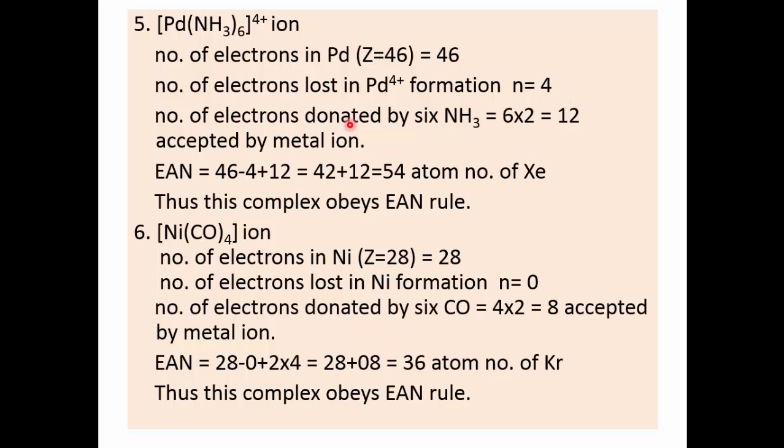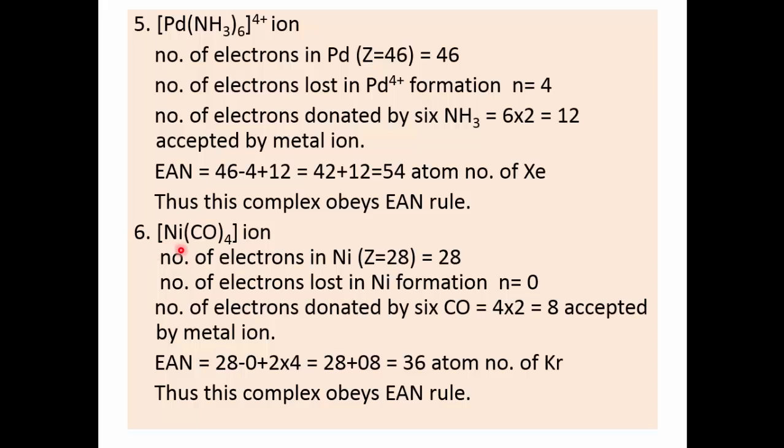There are 6 ammonia molecules, so 6 ammonia molecules donate 6 into 2, 12 electrons, which are accepted by palladium. Substitute these values in this formula. EAN is equal to 46 minus 4 plus 12, it becomes 42 plus 12, it becomes 54, which is the atomic number of xenon. Hence we say that this complex obeys EAN rule. Xenon is also an inert gas atom.